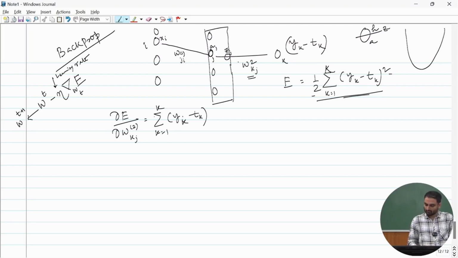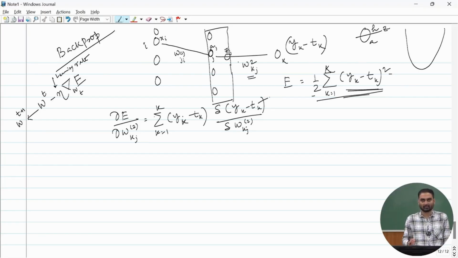Now we also need to take the partial derivative of yk minus tk with respect to wkj. When you take the derivative, tk is a constant, it's a ground truth, so this will be 0.